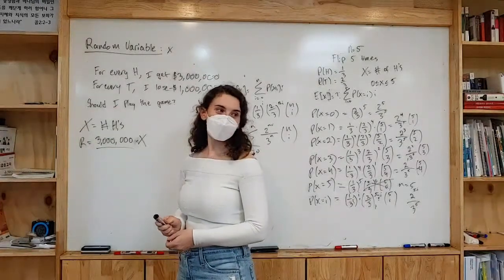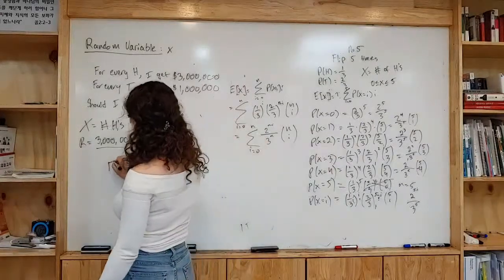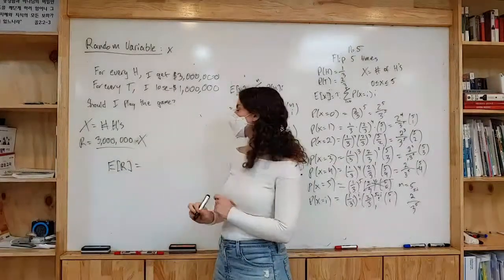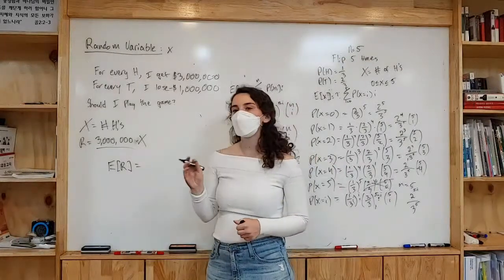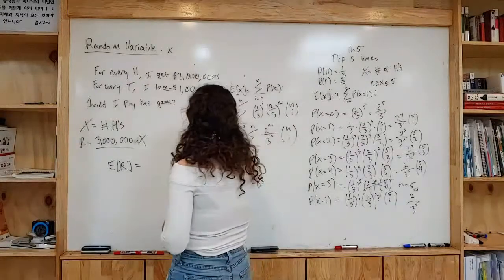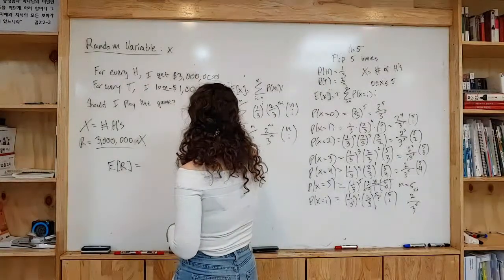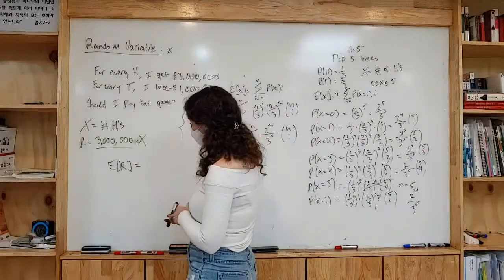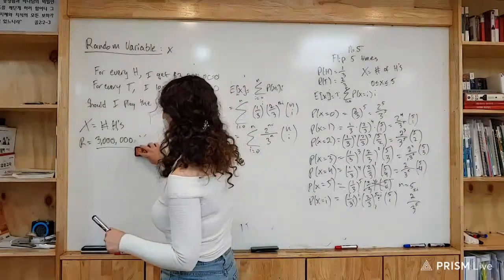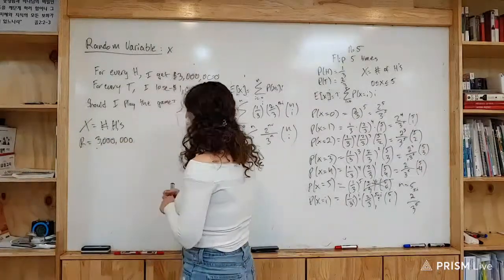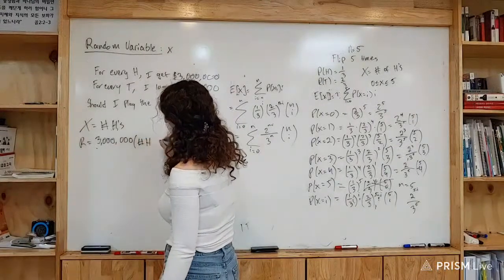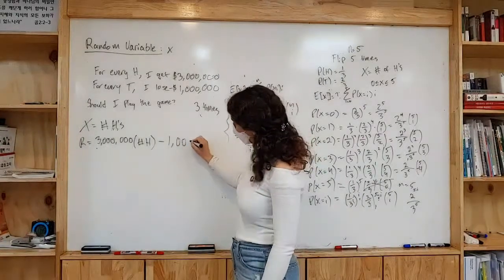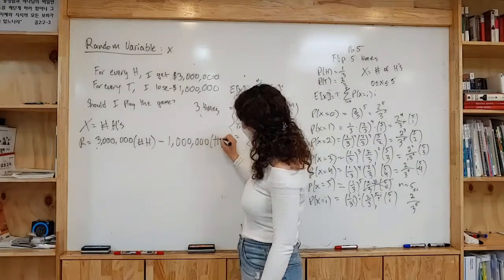How much money do I expect to get? What's E of R? How many times do we flip the coin? Let's make it easy. Let's do it 3 times. If we label R as the returns, what is R? R is 3 million times number of heads minus $1 million times number of tails. Yes.